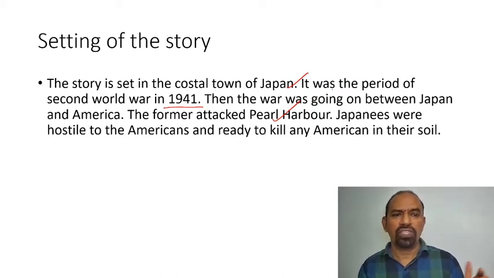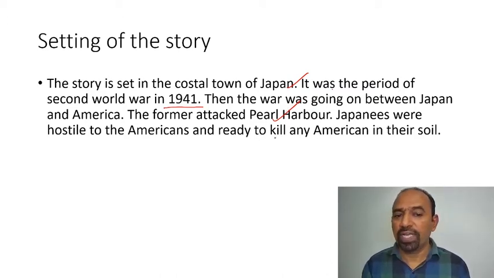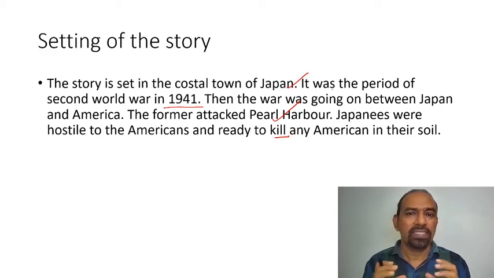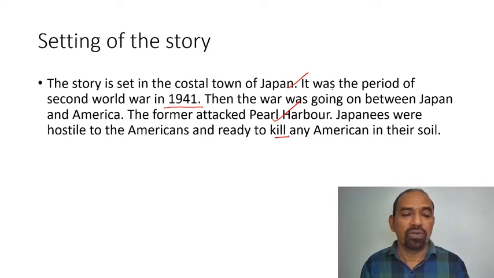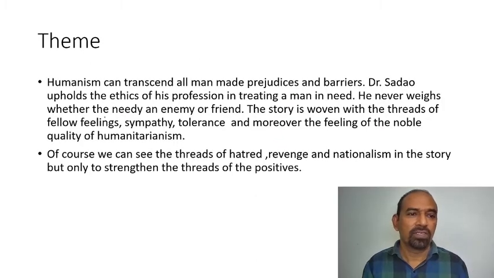Japanese were hostile to the Americans and ready to kill any American on their soil. So the story is set in such a tense situation that remained in Japan in the year 1941 during the Second World War.